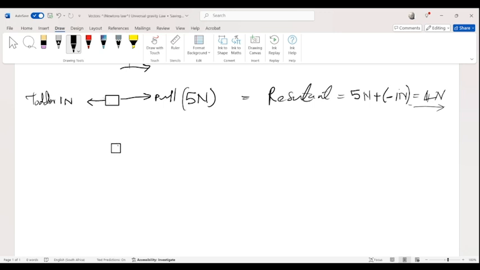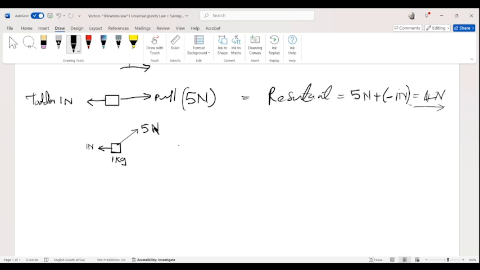Let's say, for instance, you decide to pull the box with 5 newtons, and then the toddler also happened to be there, pulling it with a force of 1 newton. Let's say the box weighs 1 kg.